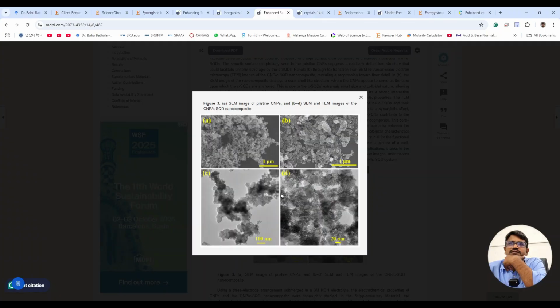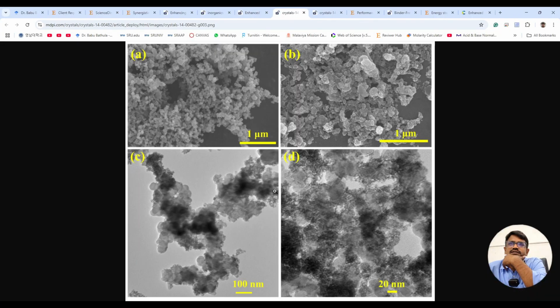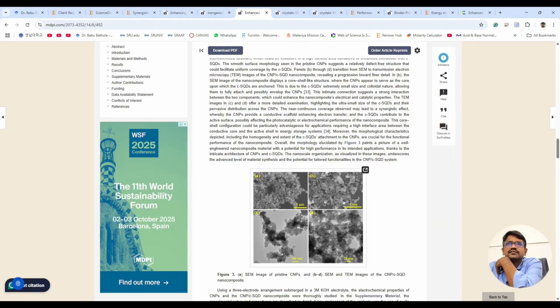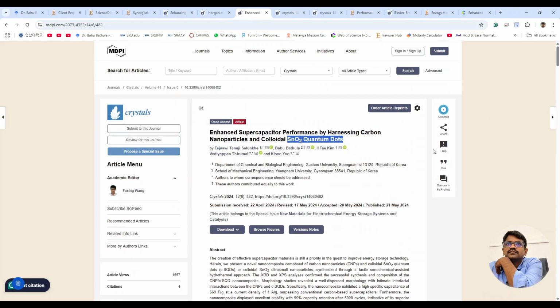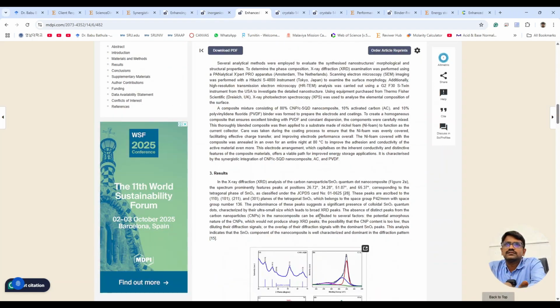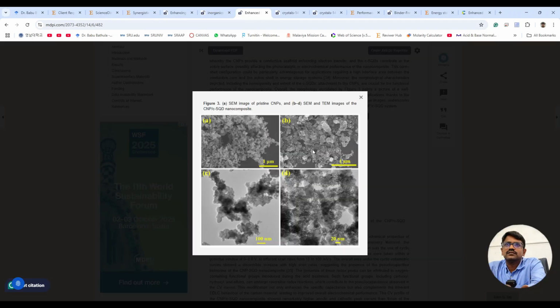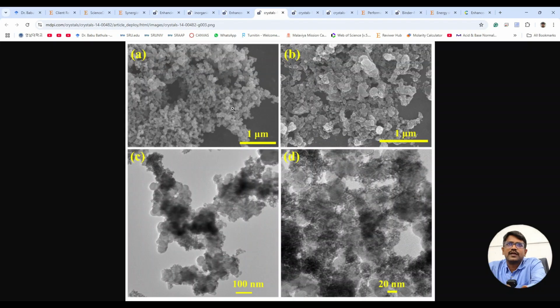If you see this image, carbon nanoparticles and SnO2 quantum dots. These are carbon nanoparticles, and this is SnO2 quantum dots. They usually look like agglomerated particles.